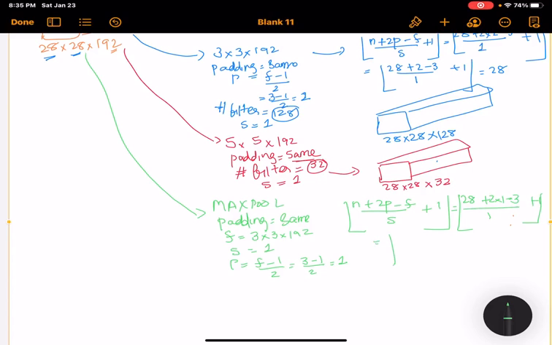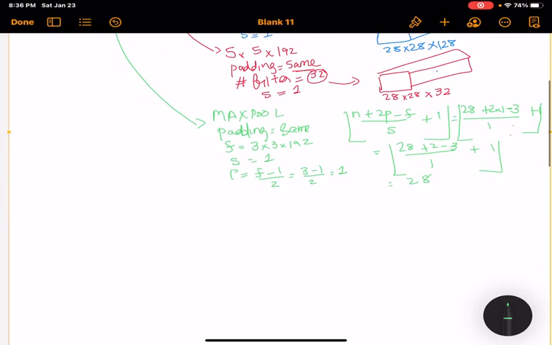So that is (28 plus 2 minus 3) by 1 plus 1, which is equal to 28.